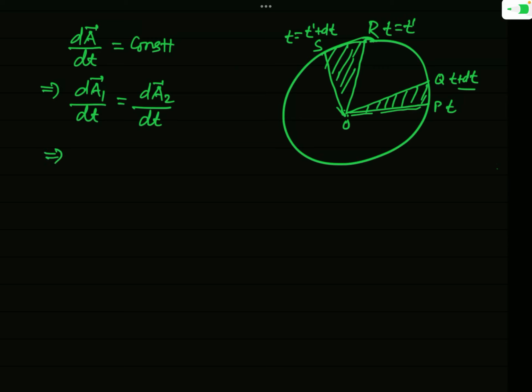So you can say that dA1 is equal to dA2. What does it mean? It means if you consider the same time interval dt, then the area swept out by the radius vector drawn from the center of force to the position of the particle is equal in equal time intervals.